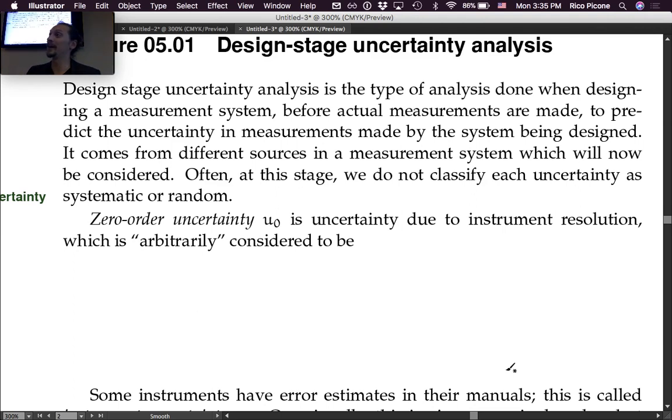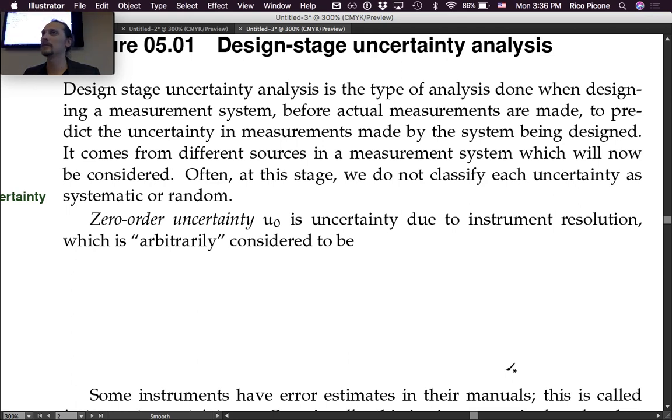Whatever the error is, we say we're uncertain to that amount. So sometimes people will give it to you in a spec sheet as being an error, and you will take that to be an uncertainty. Sometimes they'll say this is an uncertainty, in which case you still take it as an uncertainty because we're cautious like that.